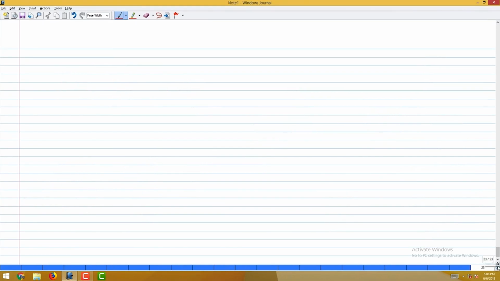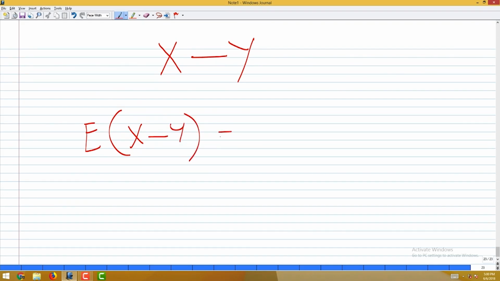Now, this is the trick: we will define a new random variable x minus y. X minus y means the number of vertices selected minus the number of edges. It can become a negative or positive number, but I will see what is the expected value of that.